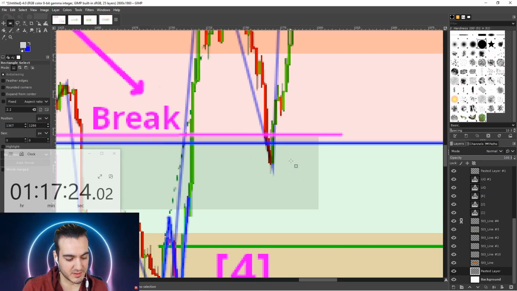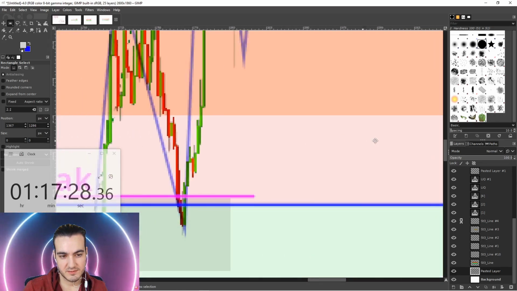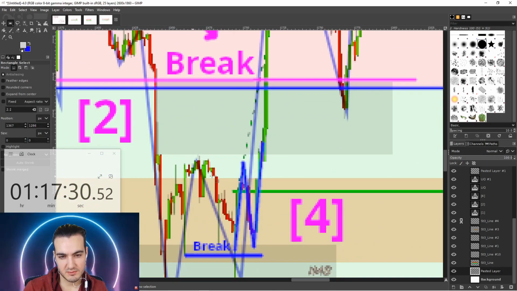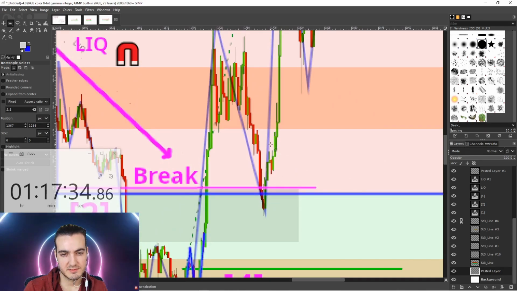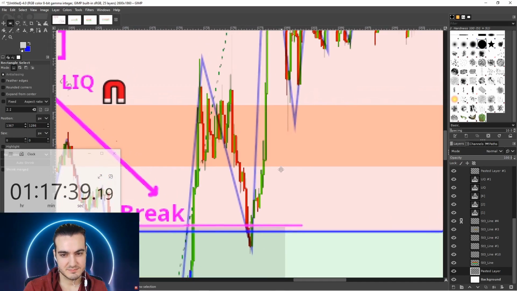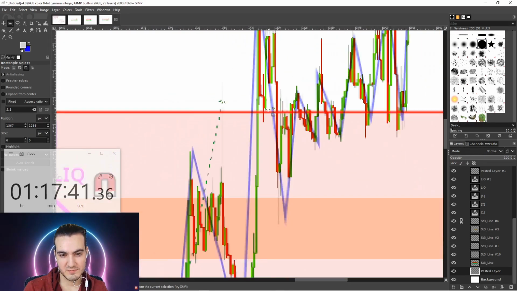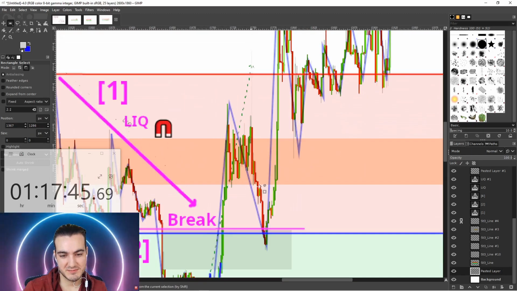Let me go back to the slide to see if he marks out where his take profits were for this. We are pretty close to the EQ line already, so I don't know if he would take profit there, or wait till we get all the way up here, or take profit in this fib zone here.